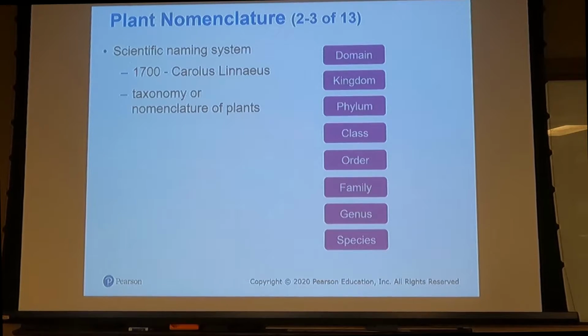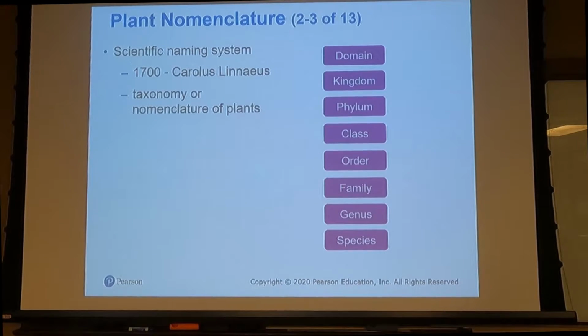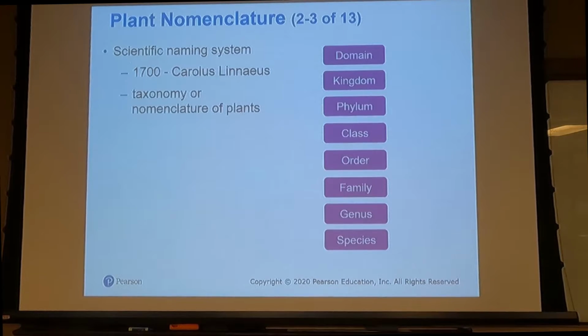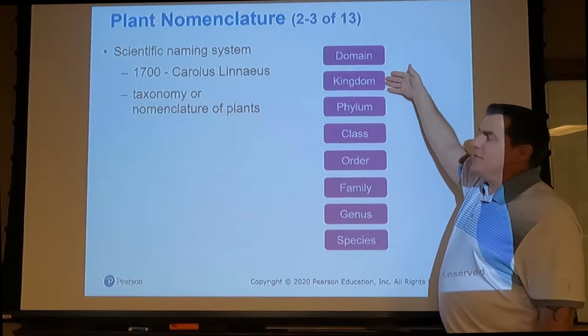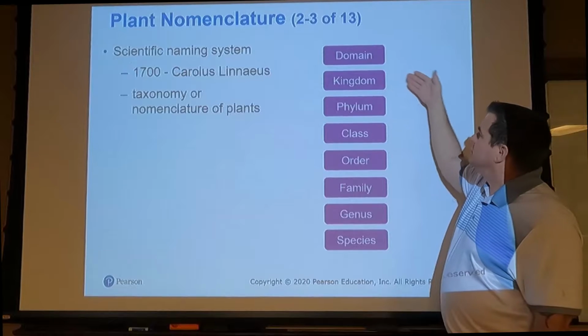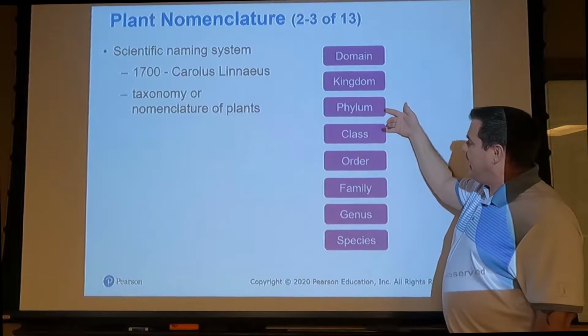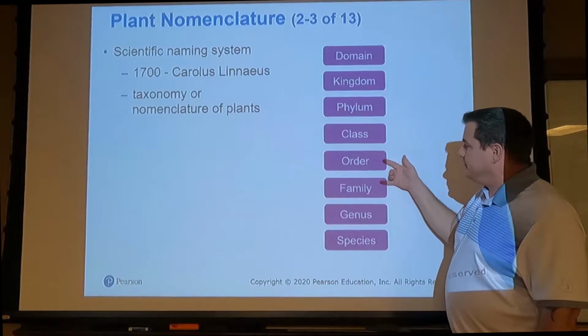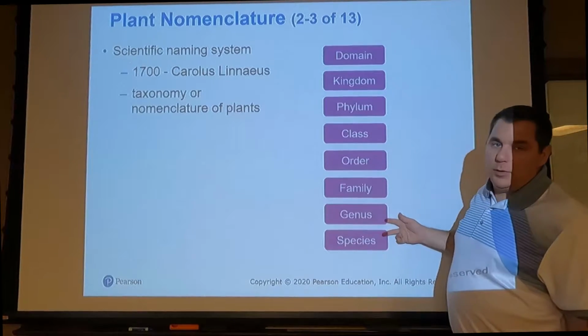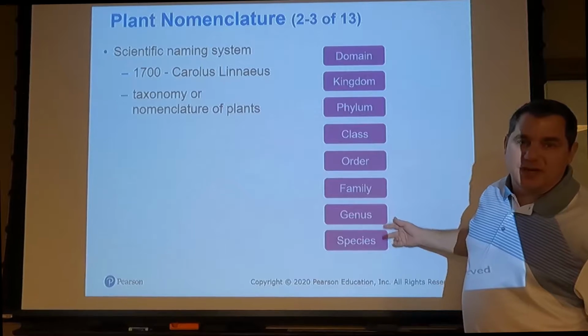In the 1700s, Carolus Linnaeus was tired of trying to explain some things to people who didn't want to listen. So he decided to come up with a system where we have different orders of hierarchy, where we have a domain and a kingdom. Whether this is the plant or animal kingdom, we have phylum and class, order and family, and then finally what we're typically used to seeing is genus and species.